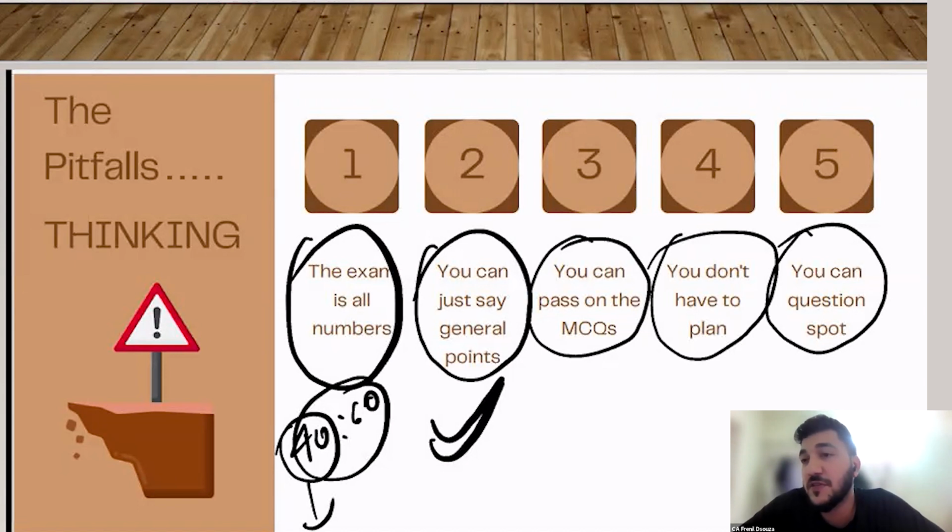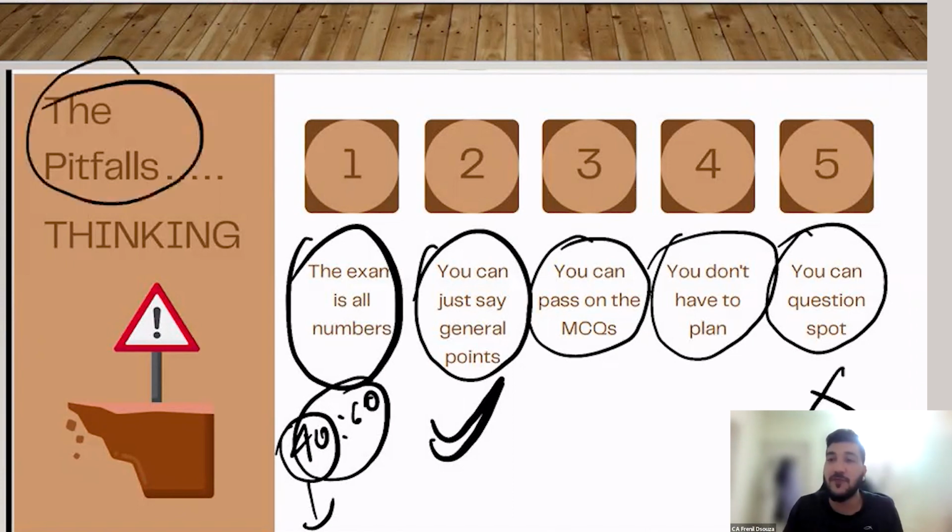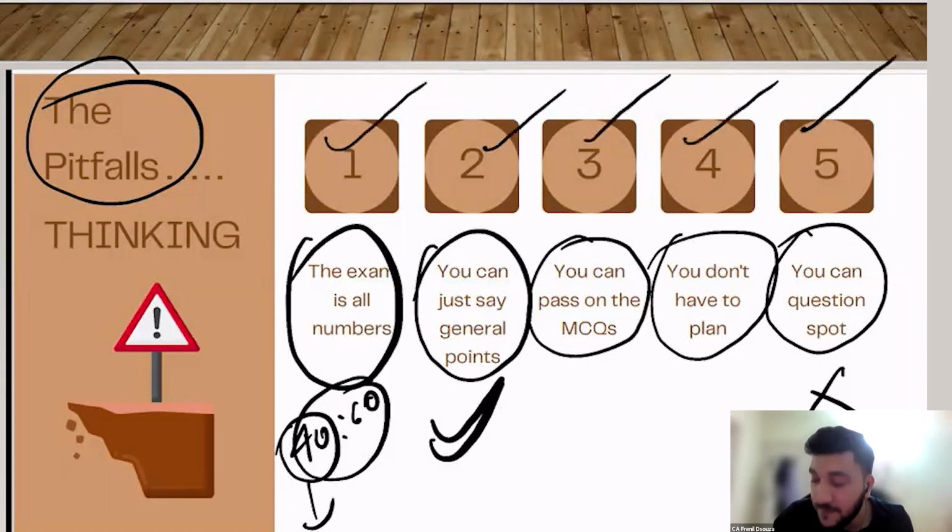Out of that, 16 questions have already come. One question has not come, which means in my attempt, that question will come. Whether that kind of logic will work, question spotting will work? Question spotting definitely will not work in ACCA. So these are the pitfalls. Pitfalls means you're just going and jumping into the well. If you believe any of these things, you should stop believing that immediately.